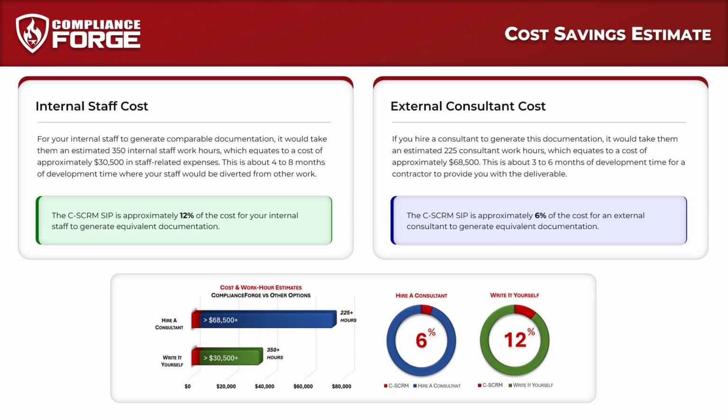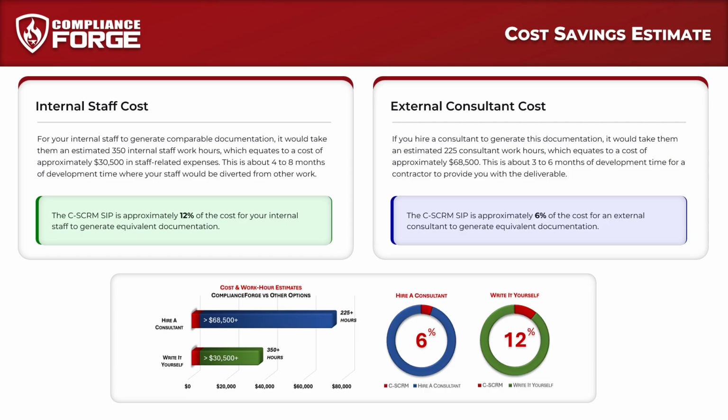Now compare that against the two alternatives for obtaining quality cybersecurity documentation. For your internal staff to generate comparable documentation, it would take them an estimated 350 internal staff work hours, which equates to a cost of approximately $30,500 in staff-related expenses. That is about 4 to 8 months of development time where your staff would be diverted from other work.